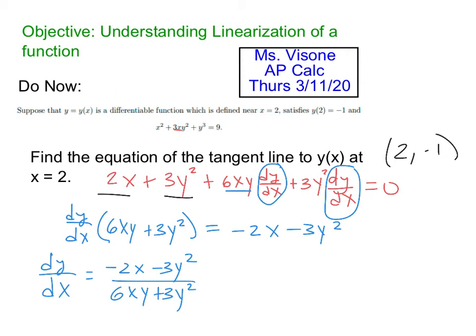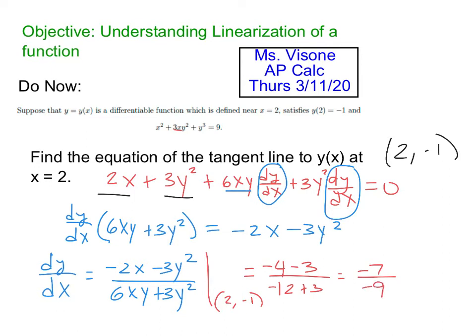And then we're going to plug in to find our slope. So let's see what we get. So (2, -1). So let's see, -4 minus 3 on top. And then on the bottom, let's see, that's -12 plus 3. So that's -7 over -9.